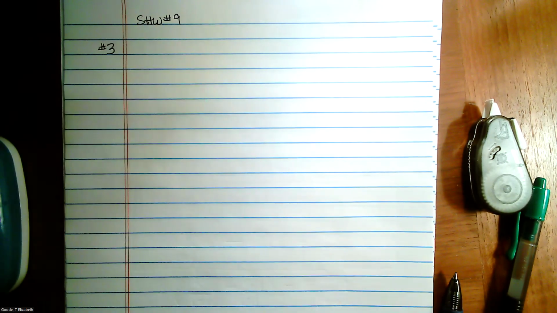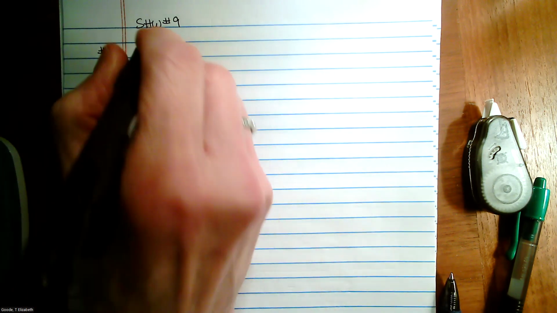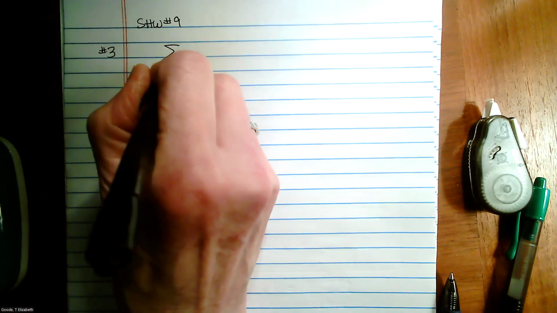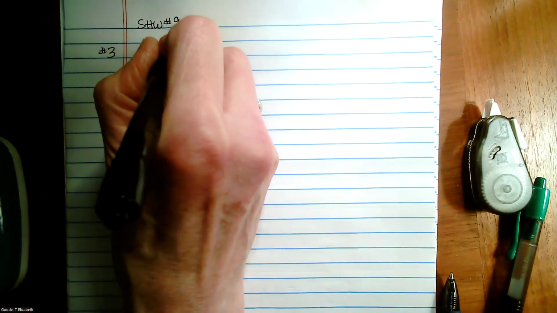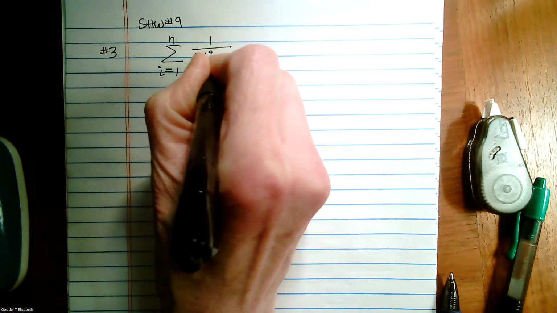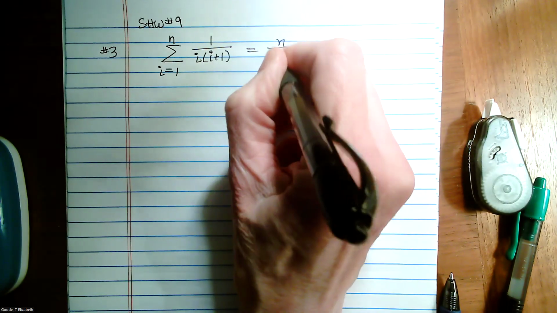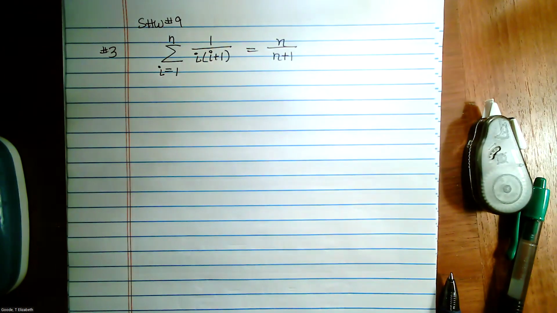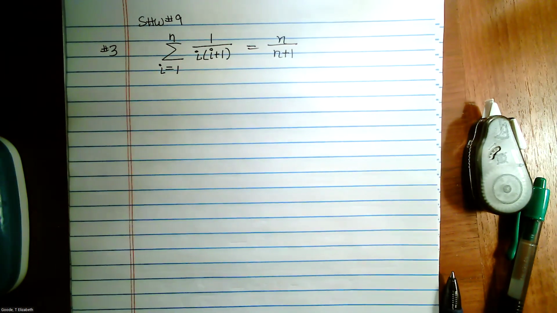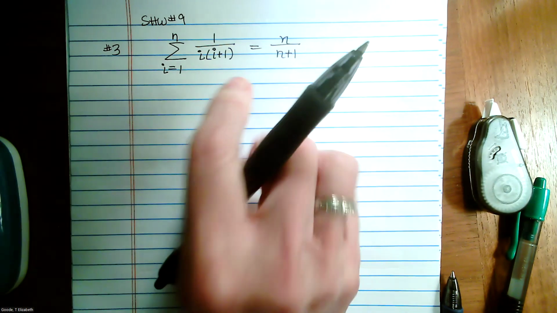So number 3, it's the sum from I equals 1 to n of 1 over I times the quantity I plus 1 is equal to n over n plus 1, right? That's a fun one. Looks fun, but looks challenging. It's really not as bad as it looks.